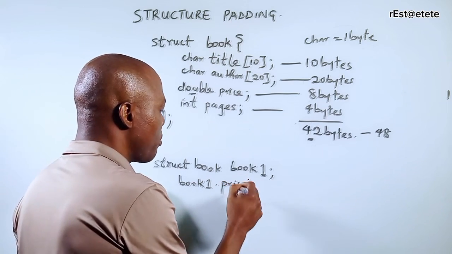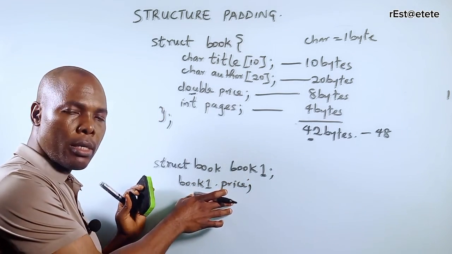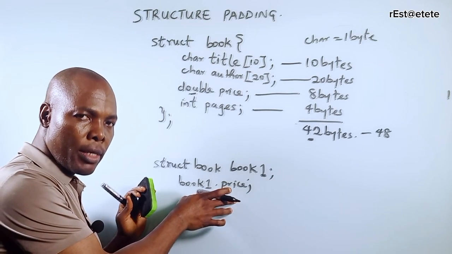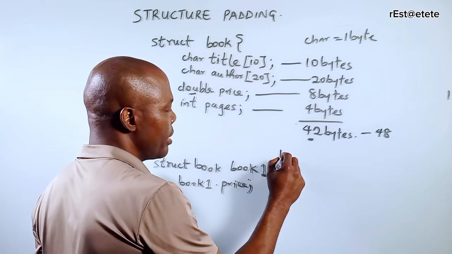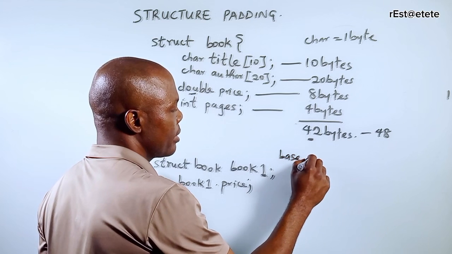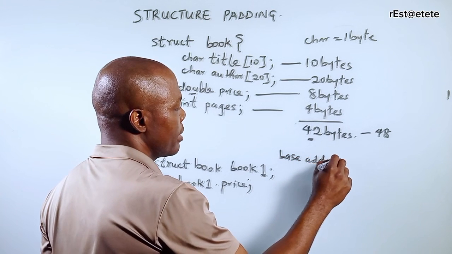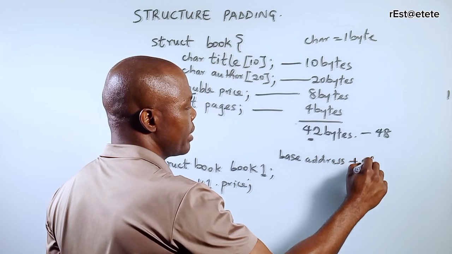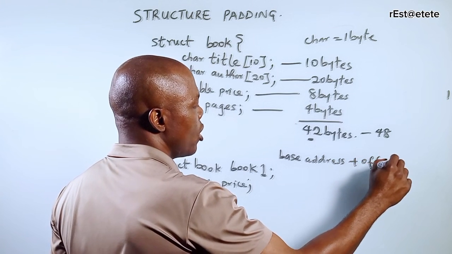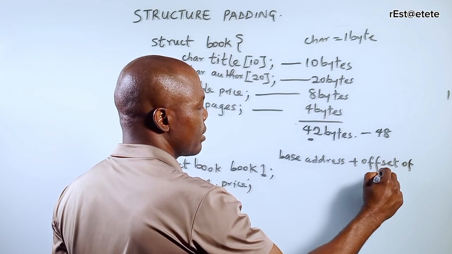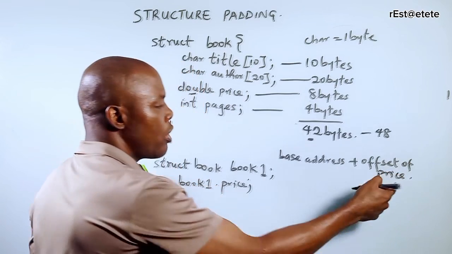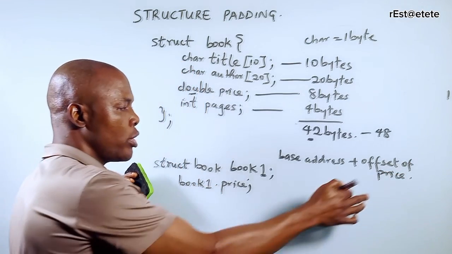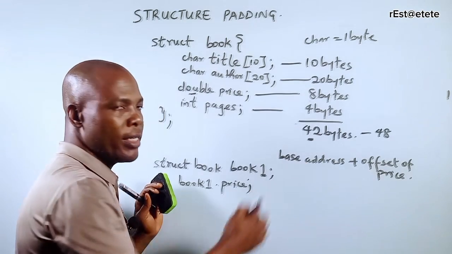But how will the compiler know the location of this price in memory? That will be the base address plus the offset of price. So offset simply means the position of price from the base address.